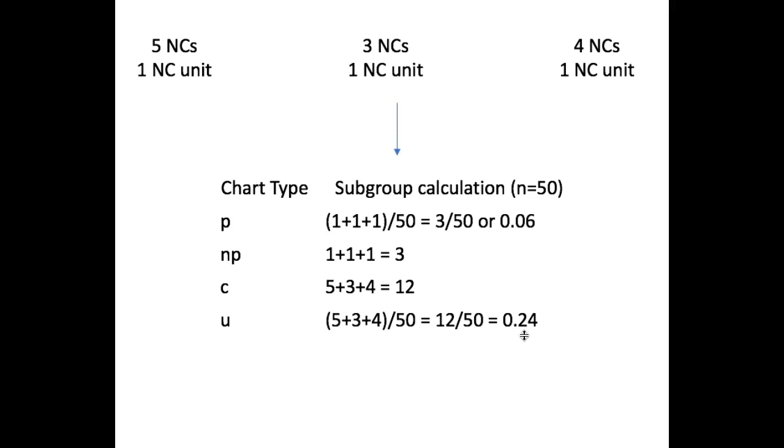And not only the people, but what do you want to give them? Is the total count of nonconformities more important than the number of nonconforming units? Or is the number of nonconforming units more important than the number of nonconformities? And if you're wondering, well, okay, both are important, so how do I tell them both?